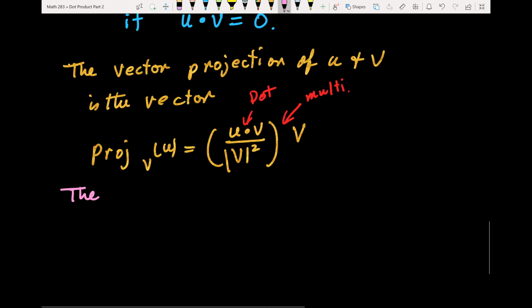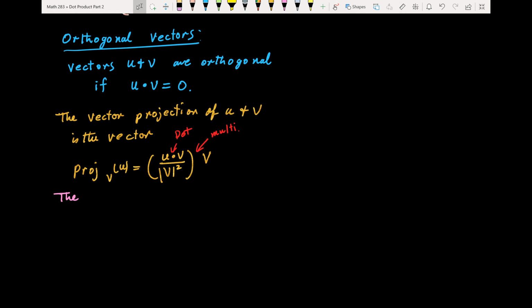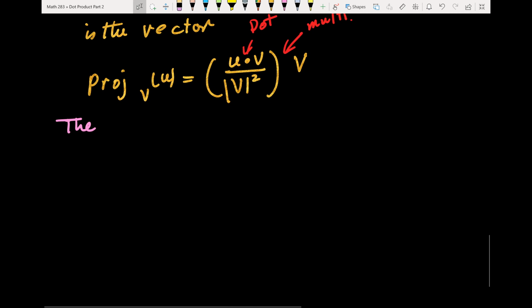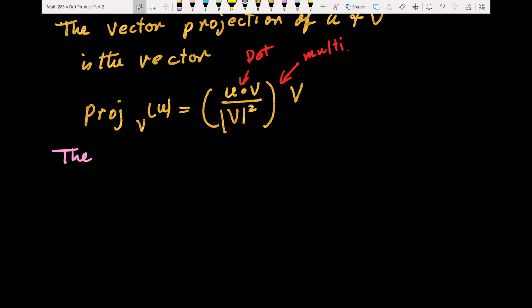The projection, just on the left side of the equation, is that u in parentheses? Oh, it's the projection of u over v. That means you're looking at the projection of u over v. Can you guys see this color?